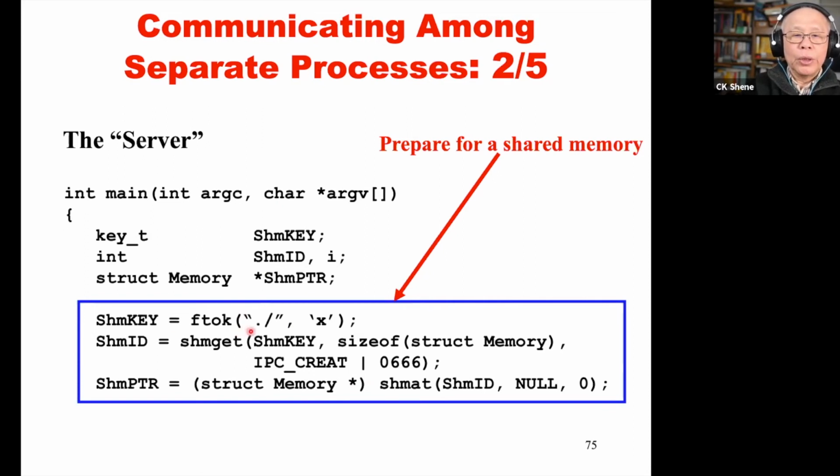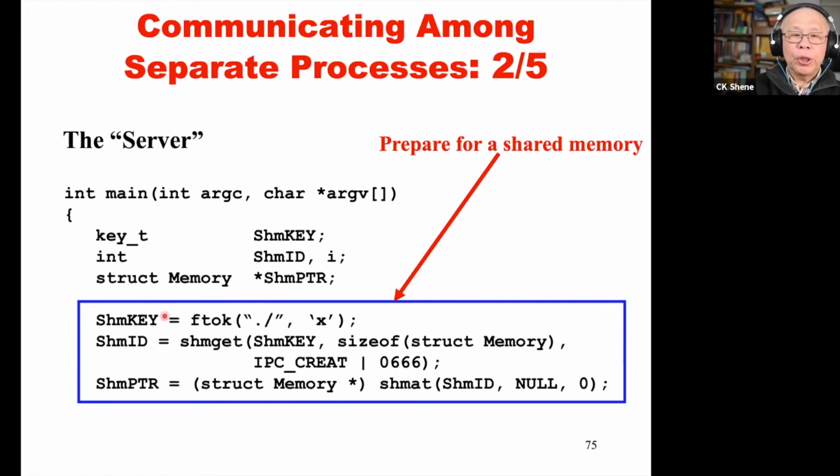So we used ftok to generate a shared memory key. Remember, I used the current directory here and a small integer x. Then use this key and the size of that structure, followed by creation, to call shmget.